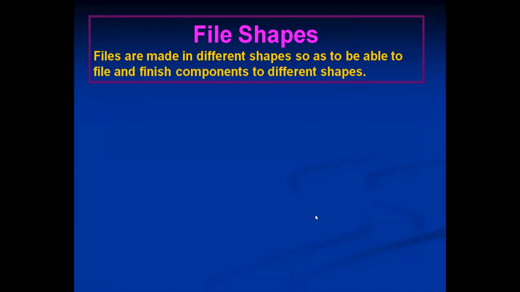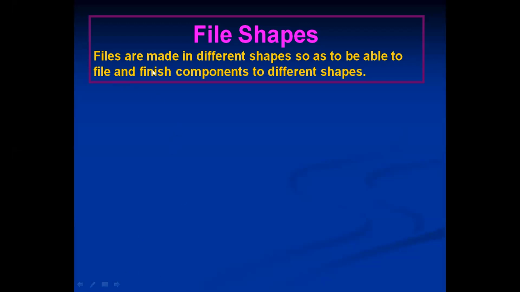Next, file shapes. Files are made in different shapes so as to be able to file and finish components to different shapes.